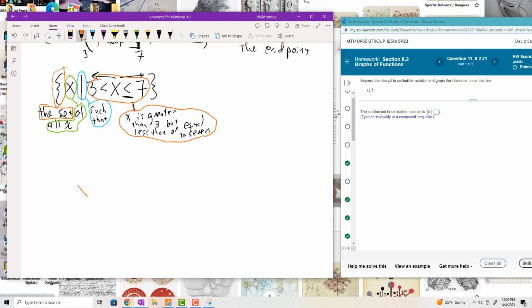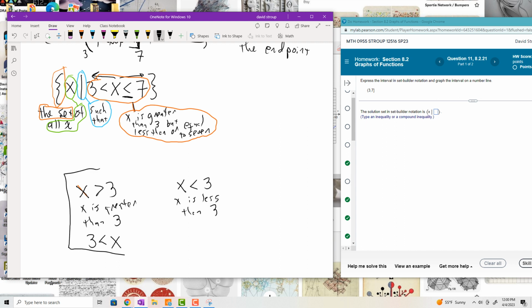So this, x is greater than 3. Okay, this means x is less than 3. But you can also write it as 3 less than x. So that also means x is greater than 3 over here.